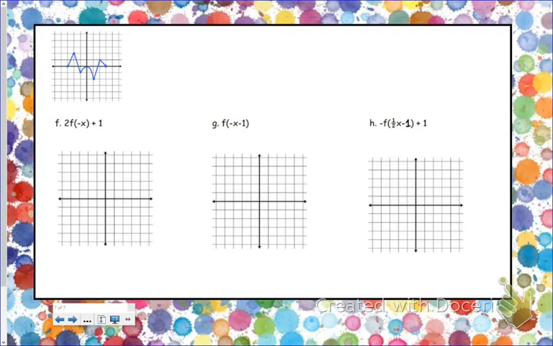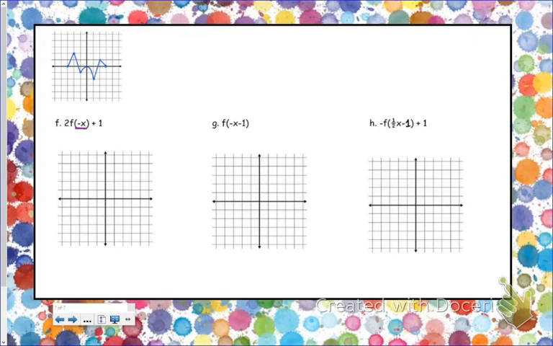All right, so my last ones, just having multiple transformations again. So looking at 2f of negative x plus 1. This has a few horizontal and vertical transformations. So let's look at horizontal changes first. The only change that's going to affect my x-coordinate is that negative.